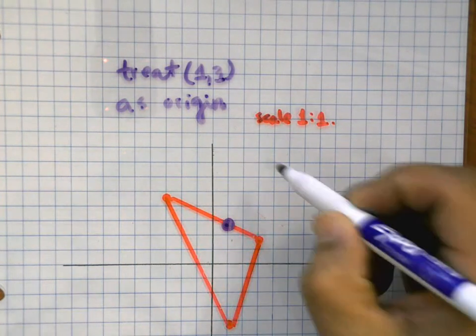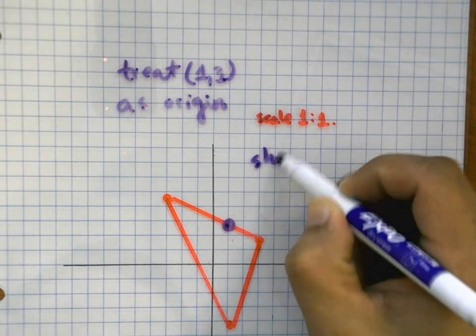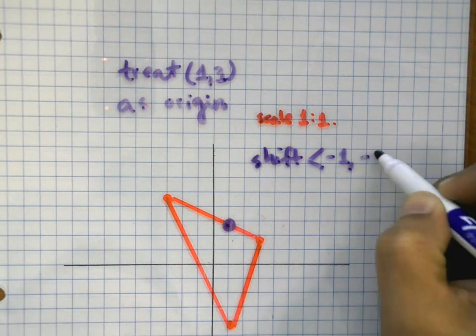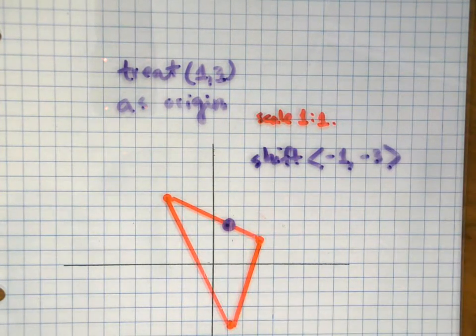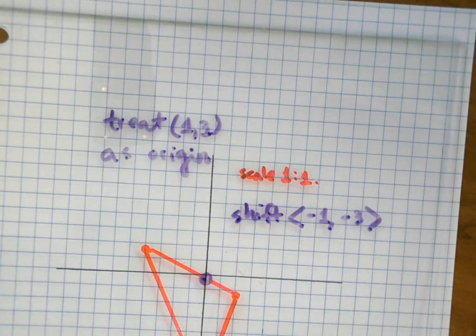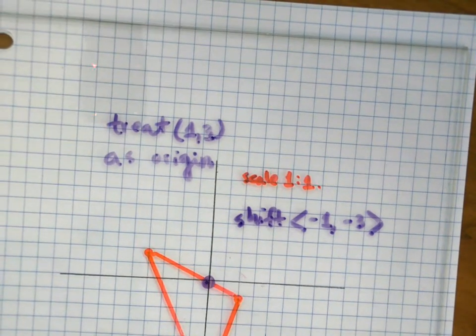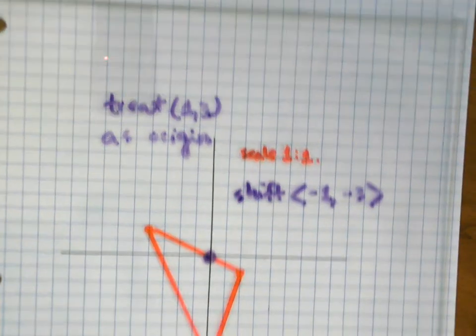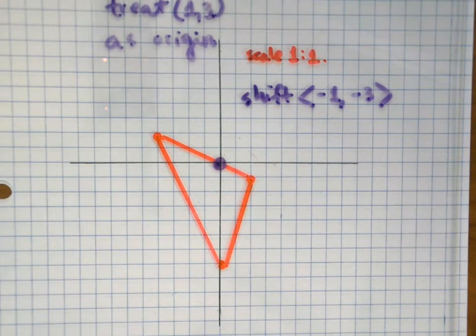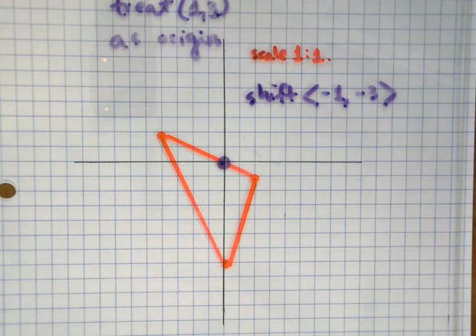So we're going to shift everything (-1, -3). So all of the points are going to get shifted 1 unit to the left and 3 units down. And this is going to be my new picture. Now this is only a temporary solution because in the end I have to convert everything back.